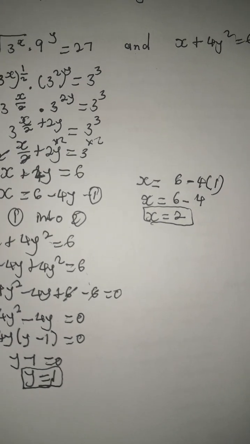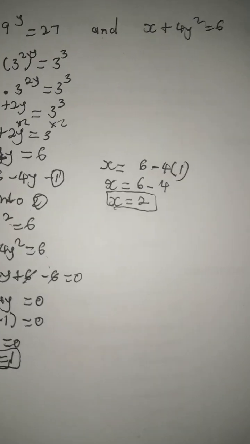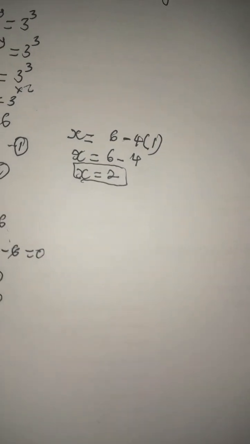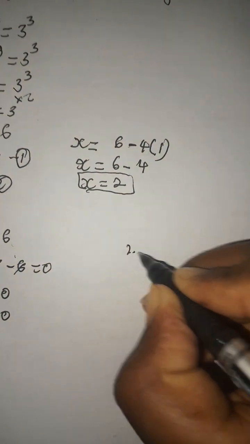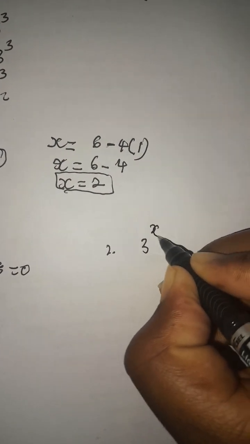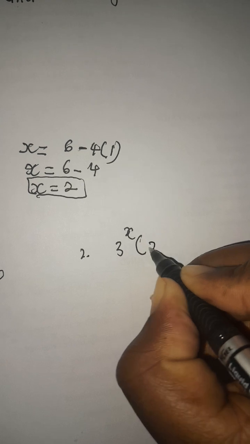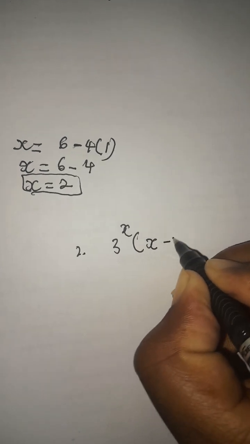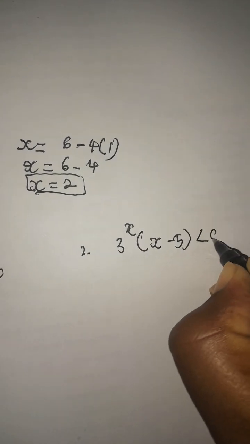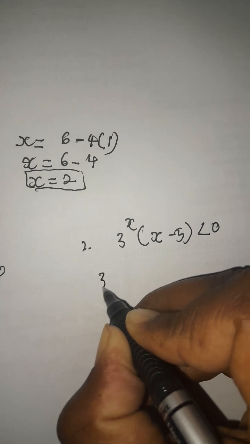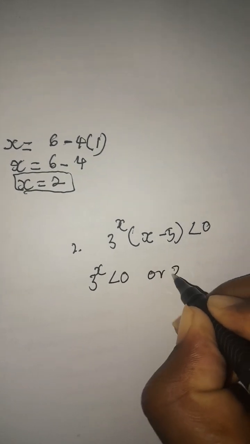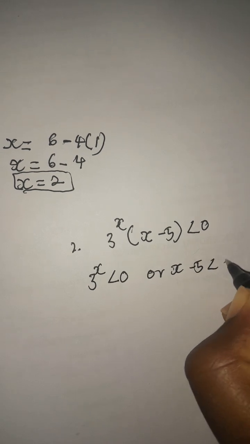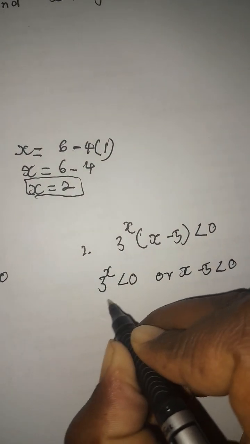Another problem that was there also was this equation. They also gave you this 3 to the power of x minus 5. It was an inequality problem. So when you equate everything to 0, or x minus 5, it's less than 0. This can't be.